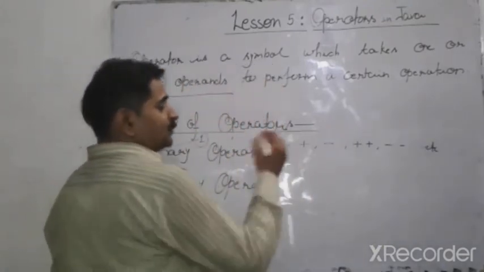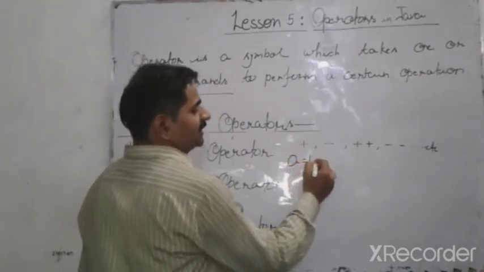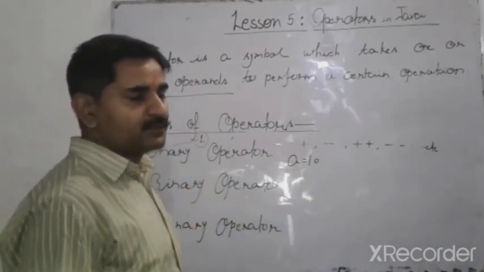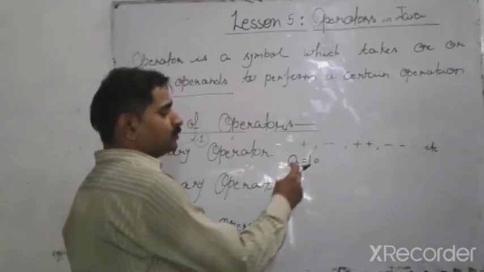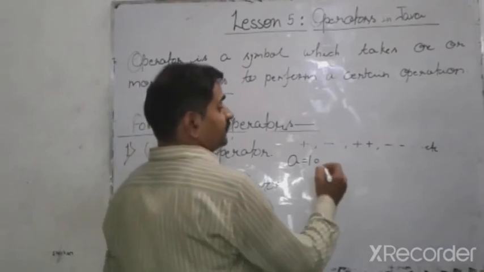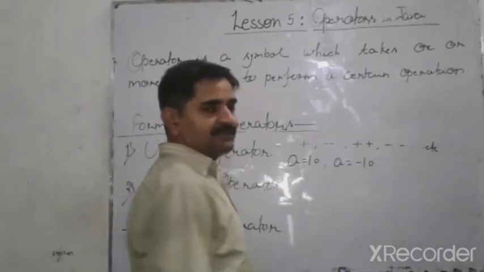Suppose we write a is equal to 10. So the plus sign is the default; you may use it or you may not. But if you want the value of a to be negative, you will have to write a is equal to minus 10.